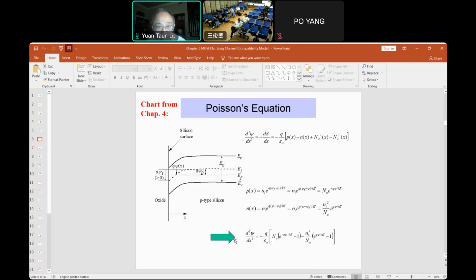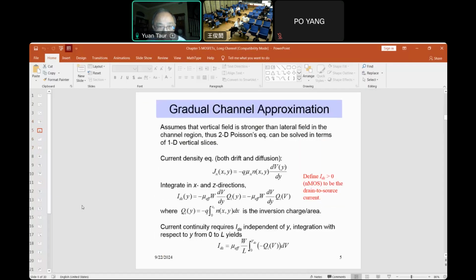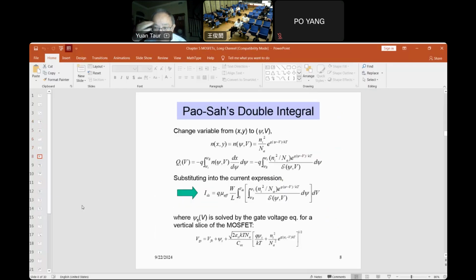That's what we showed here, schematically. The depletion region increases as we move closer to the drain. Also, the reverse bias p-n junction has a wider depletion width, and so does the MOS depletion width, which becomes a little bit deeper because of the Vy factor. I'll finish this chart.